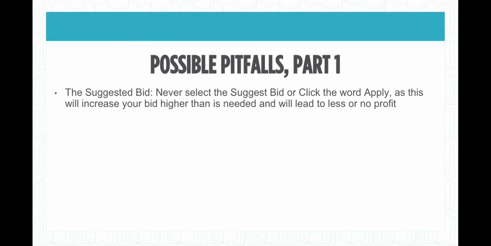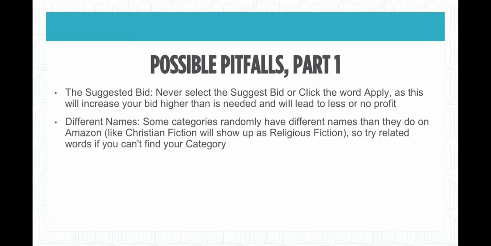I never recommend selecting the suggested bid or clicking the word apply. This is going to increase your bid higher than is needed and will lead to less or no profit. Some categories randomly have different names than they do on Amazon. Christian fiction in advertising shows up as religious fiction. So try some related words if you can't find your category.